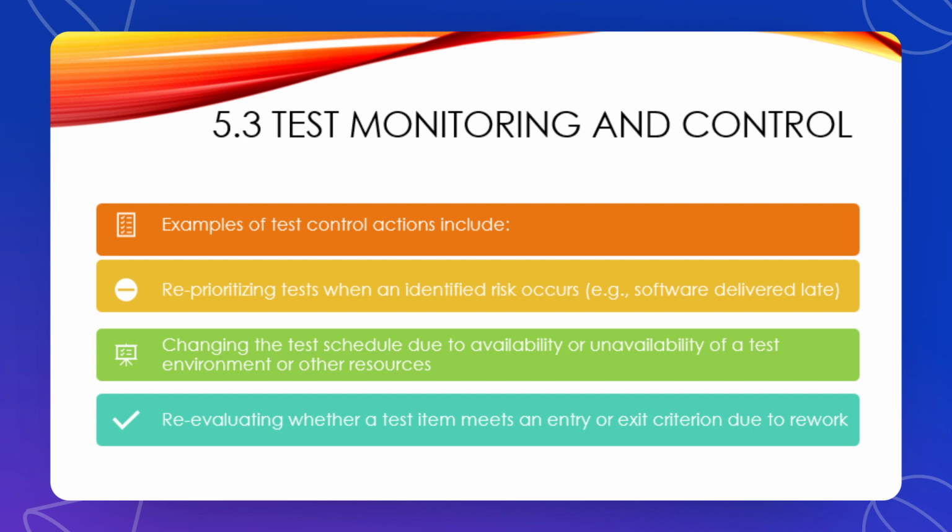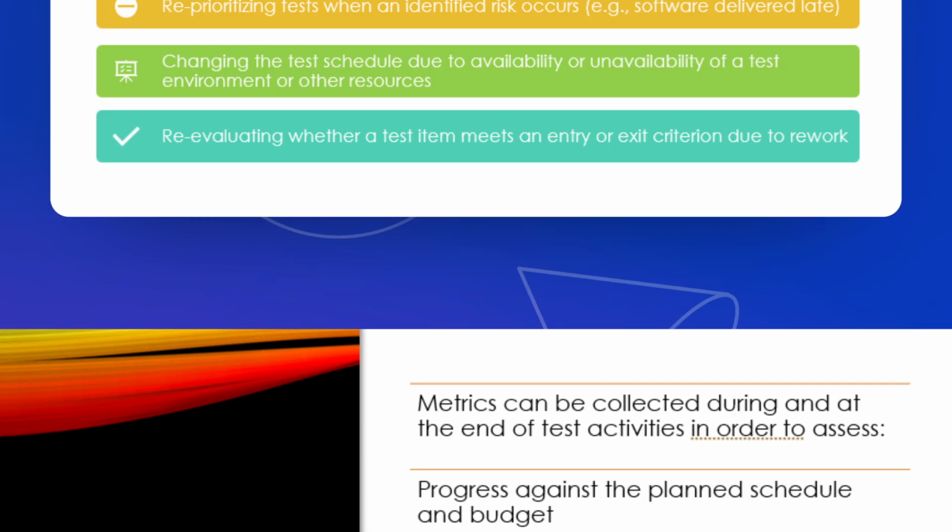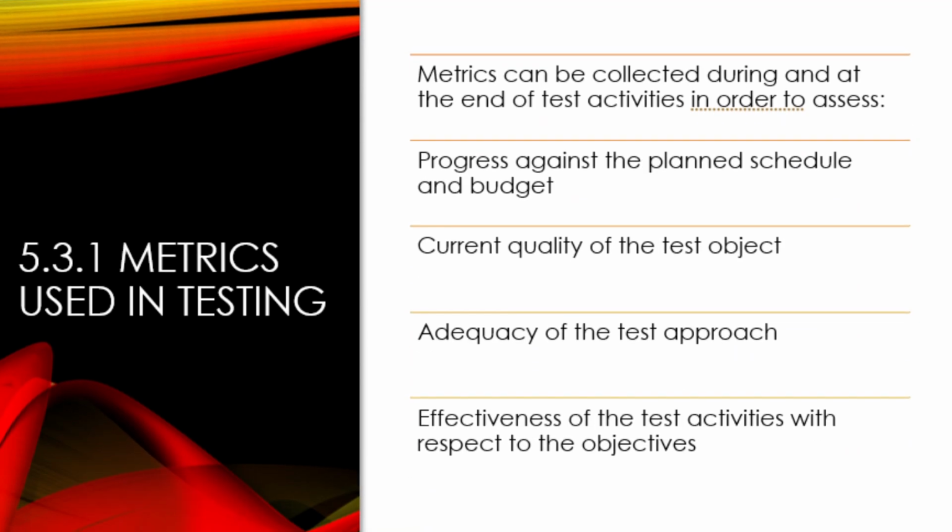For example, if the environment is not available, we need to update the schedule. Another is re-evaluating whether a test item meets an entry or exit criteria due to rework. So we need to re-evaluate. This is an ongoing activity. Test monitoring and control is an ongoing activity.